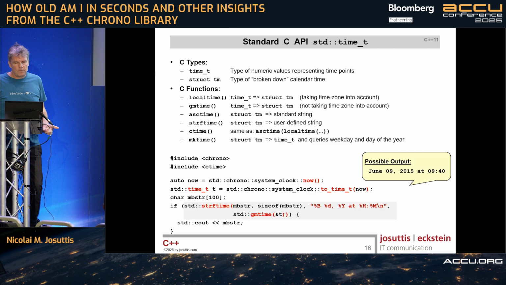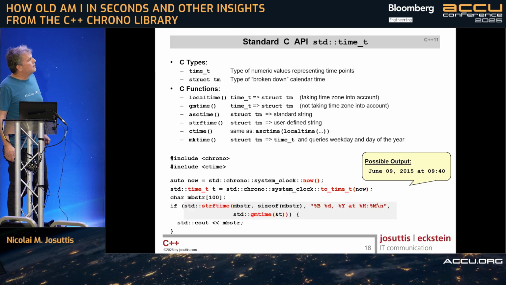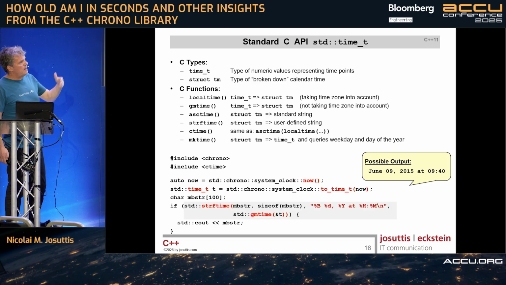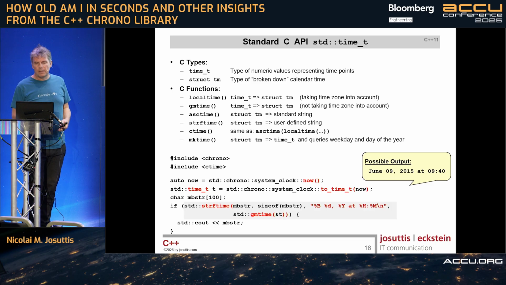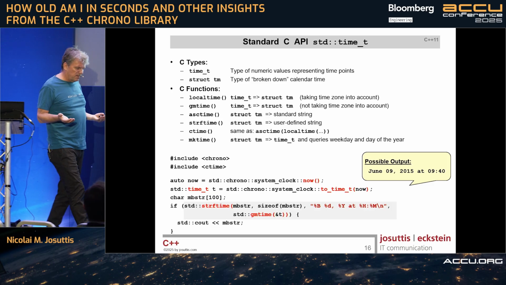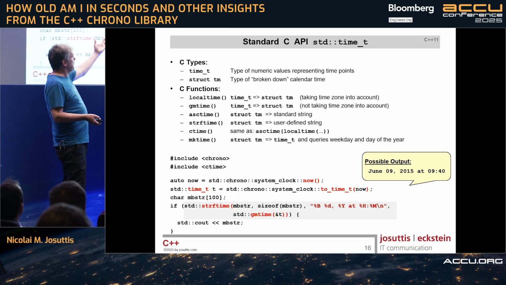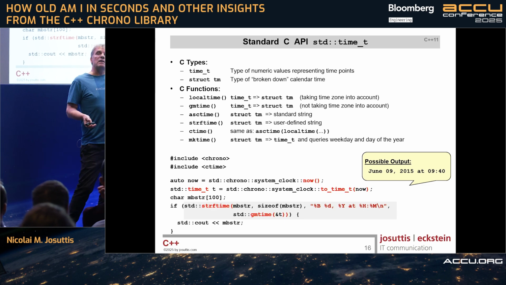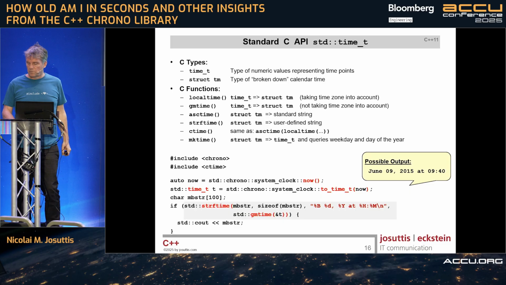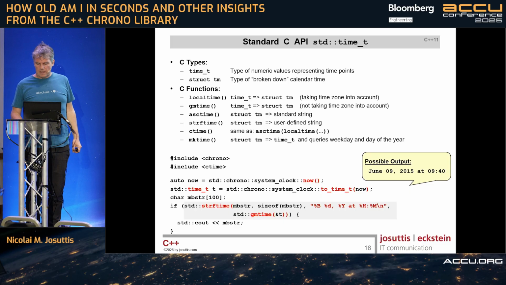Like here, we want to first have the month, and then the day with 2 digits, and then the year with 4 digits, and then %H is the hour, and %M, capital M, the minutes, both in 2 digits. We come to that later because what was then standardized in C++20 is a formatting library that adopts these specifiers so that you don't have to learn new specifiers for durations and time points.